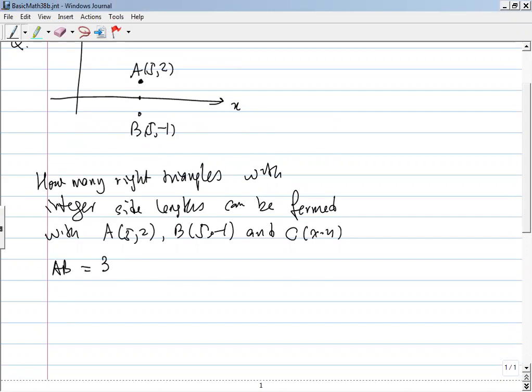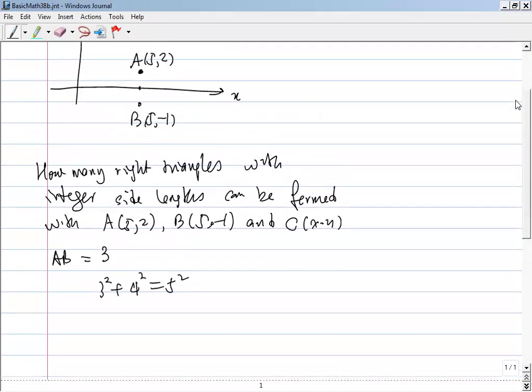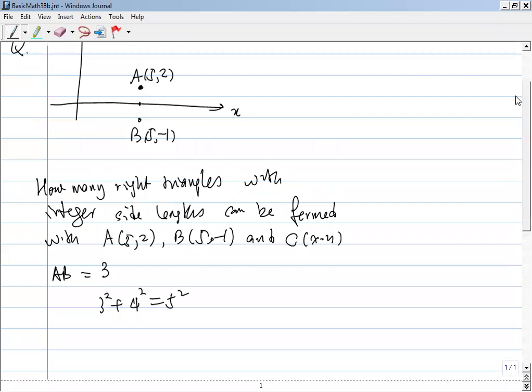You know that the right triangle with an integer side of 3 is the 3 squared plus 4 squared equals 5 squared. So this is really not a geometry problem, just a counting problem, okay? In order to make right triangles, the other side must be 3.